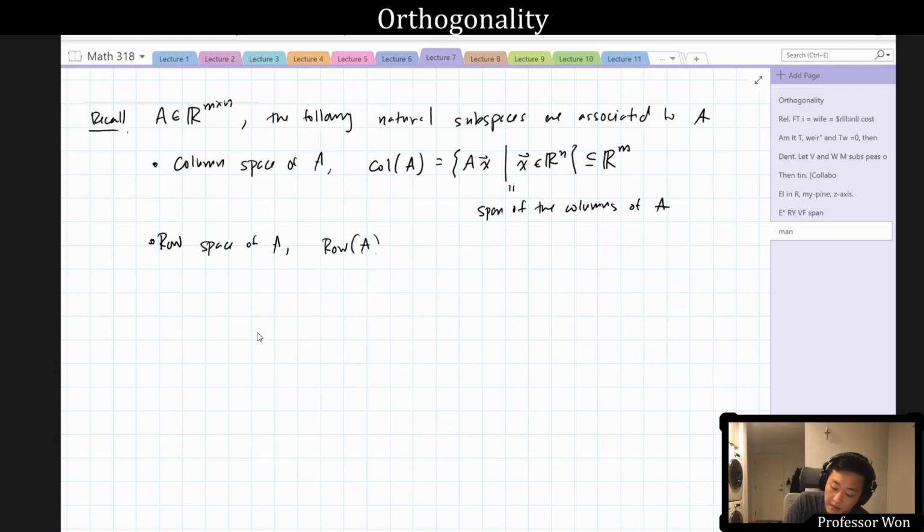And I'm going to give a definition that's very similar to that of the column space, which is you take y transpose times A as y varies over all vectors in R^m. And this is a subspace of R^n. And this thing is the span of the transposes of the rows of A.